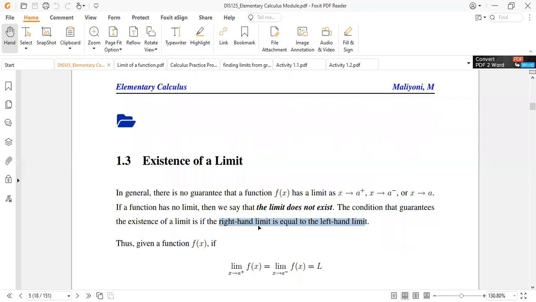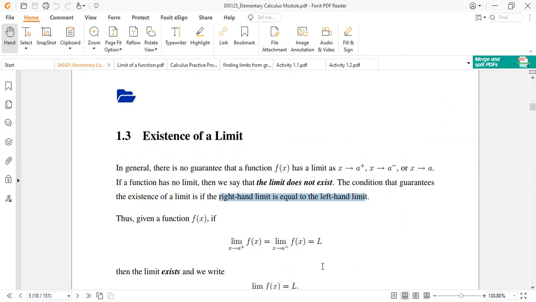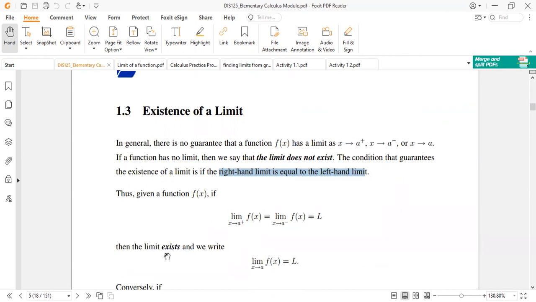When these two values that we find are equal, then we say this is what our limit is. So if the limit as x approaches a from the right of f of x is equal to the limit as x approaches a from the left-hand side, which is equal to L, if these values are the same, then the limit exists.